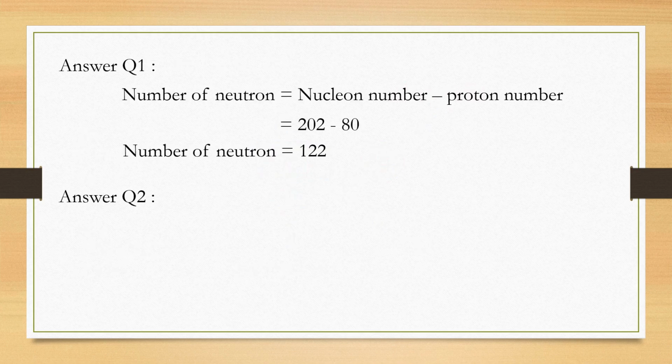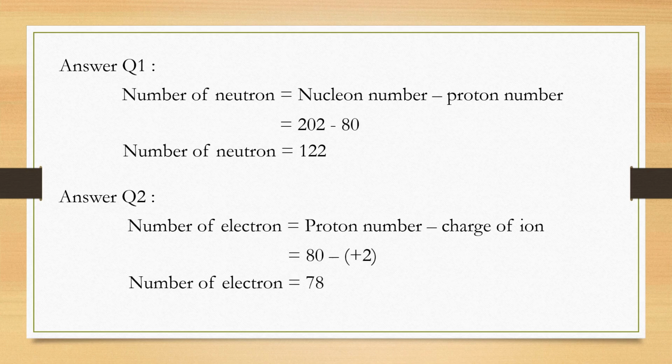As we can see here, the number of neutrons is equal to nucleon number minus proton number. So the number of neutrons that we get is equal to 122 neutrons. For the second question, the number of electrons is 78 electrons.